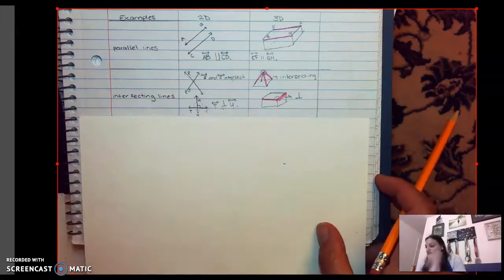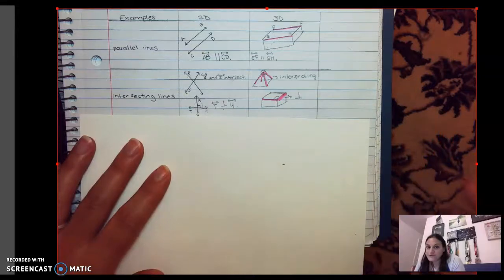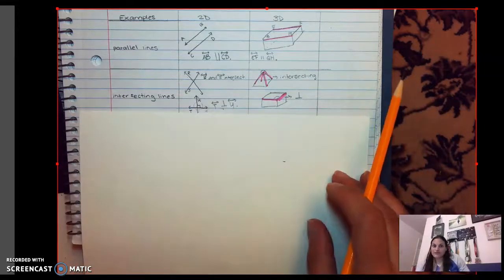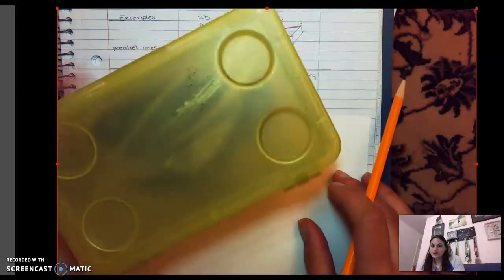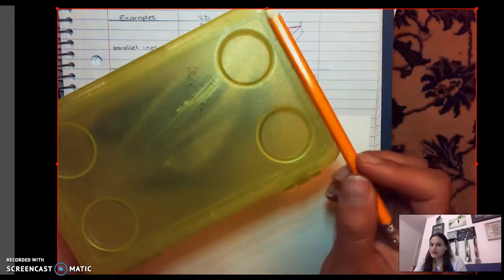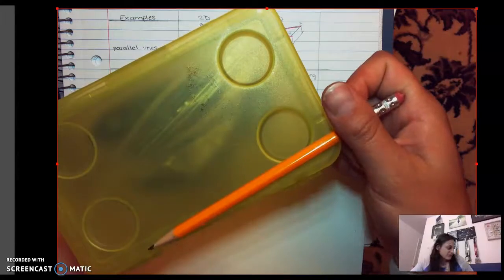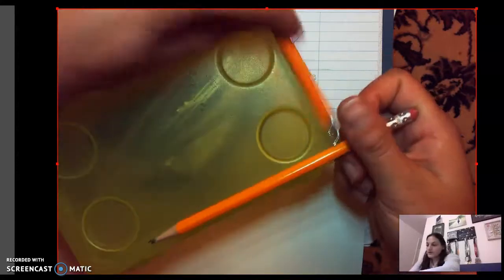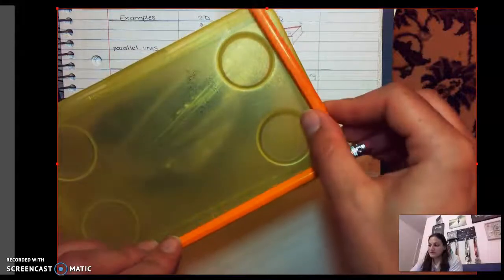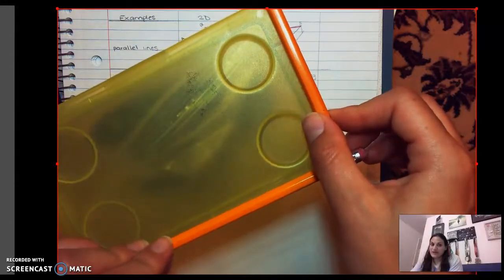All right, so if it were in 3D, again with my little box, if you look at this line here and this line here, those two lines cross or meet. They don't really cross here, but they meet here. That's okay. At a 90-degree angle.